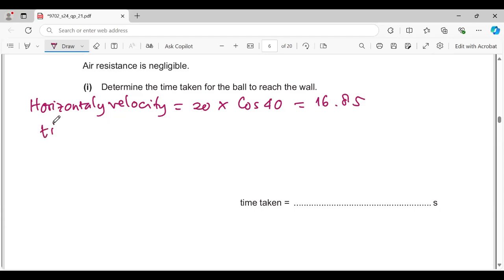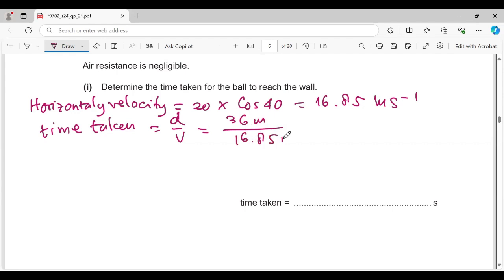After that, time taken, based on this request, equals d over v, where v is the velocity, in meters per second, and the distance is 36 meters over 16.85 meters per second.